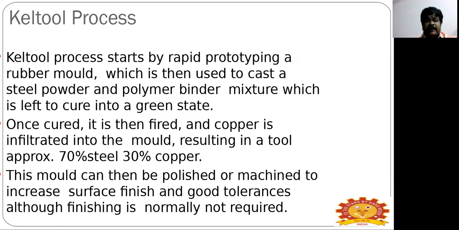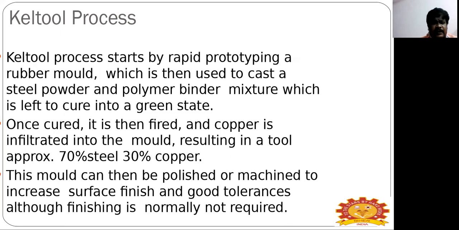The mixture has to be left for curing in the green state. Once cured, it will be fired, and copper will be infiltrated into the mold, resulting in a tool of approximately 70% steel and 30% copper.